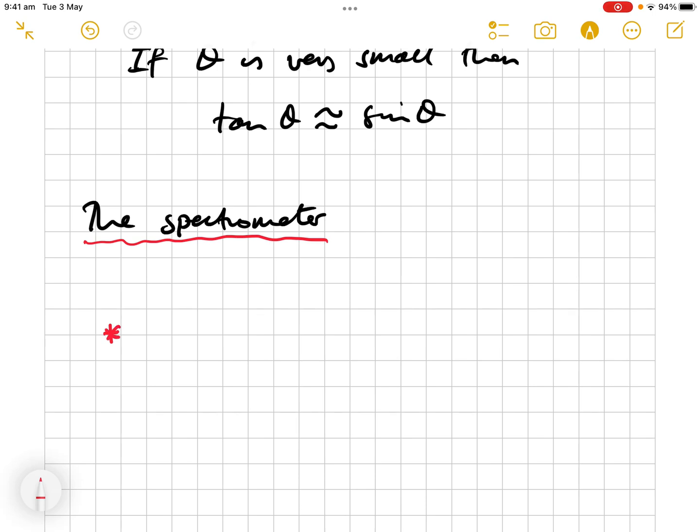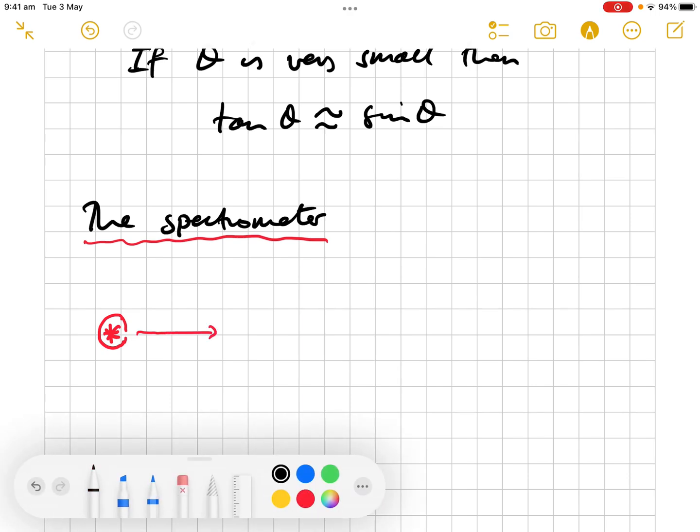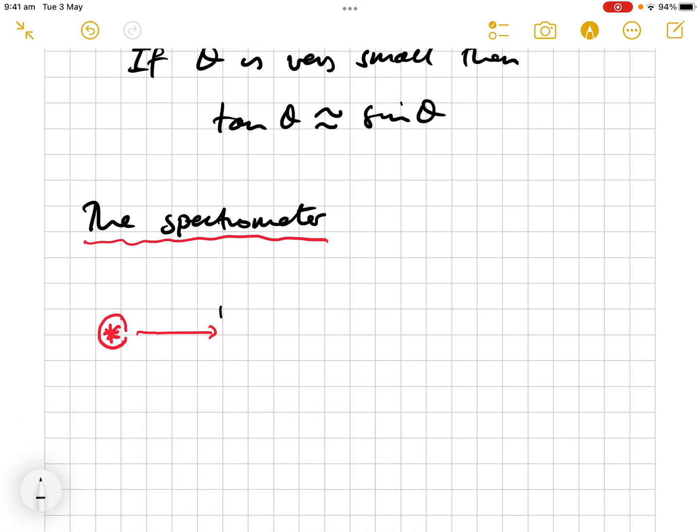So you would have your light source from a lamp, probably shielded, could be a laser of course as well, and your light would come out like that. It would then pass through a slit and go along what's called a collimator, which is just a tube basically.